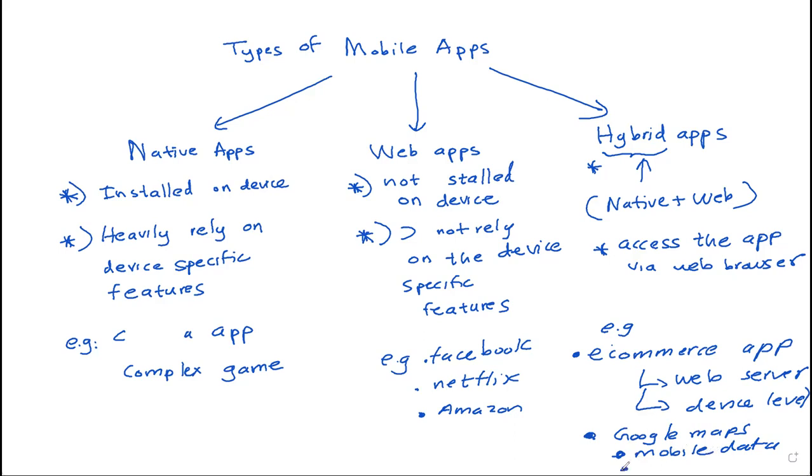We also have GPS sensors installed in the mobile device. Using the GPS sensor data, we can locate and pinpoint the current location of the device. Since this Google Maps app has inputs from both the internet and the GPS sensor, it is considered a hybrid app. I hope it is clear to you.